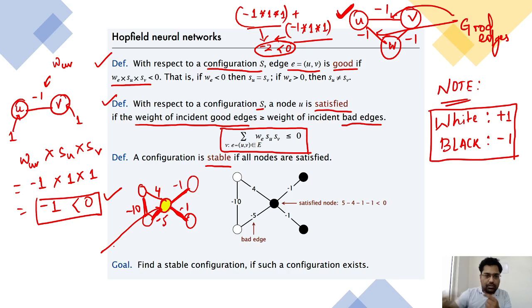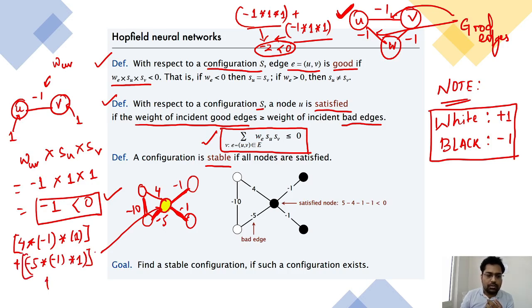The incident edges: there are 4 incident edges to a particular node. Then as per this rule, the color has been changed to black. Black is -1, white is +1. Here I'm highlighting this color as yellow. So -1 as one state, and the other state is 1. Then another edge is -5 into -1 into 1.